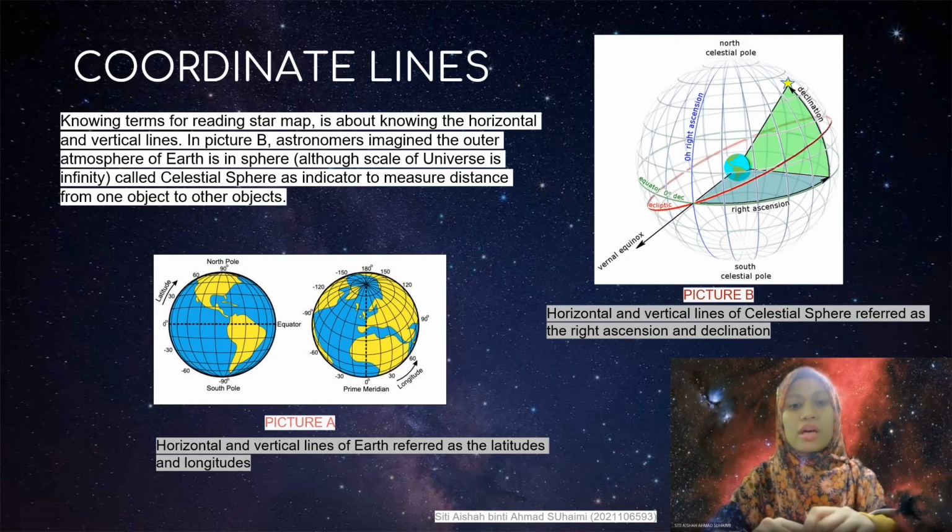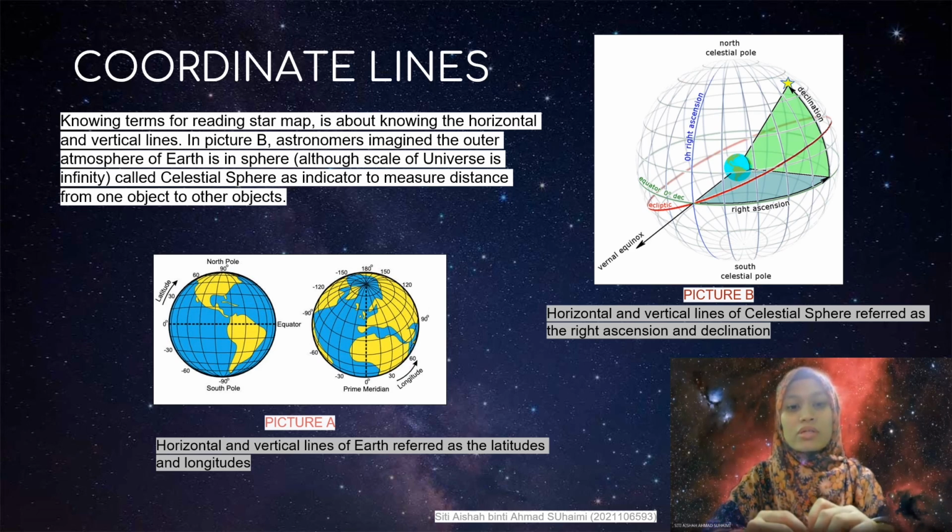To read a star map, we should know about coordinate lines. In order to estimate and observe stars, we have to know what coordinate lines are. Let's look at the globe. The globe represents the Earth, which rotates on its own axis, and Earth's axis of rotation is tilted with respect to its orbital plane.